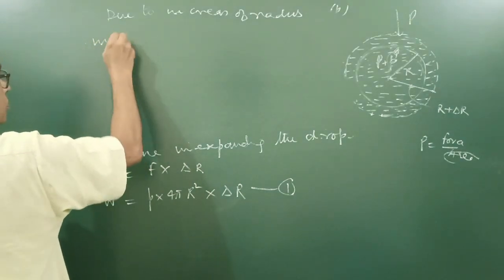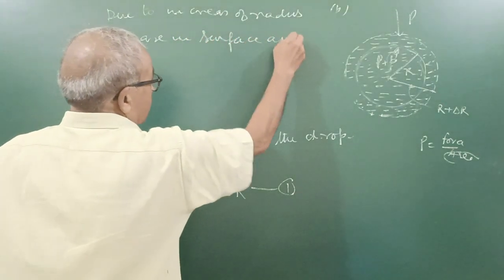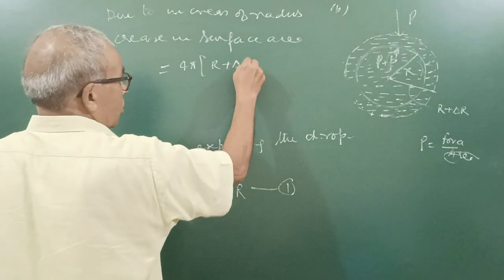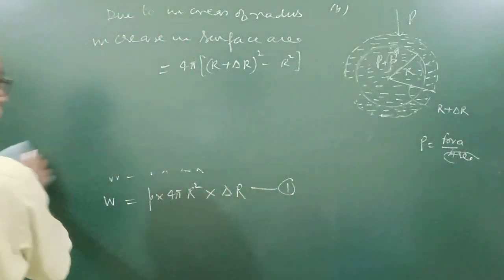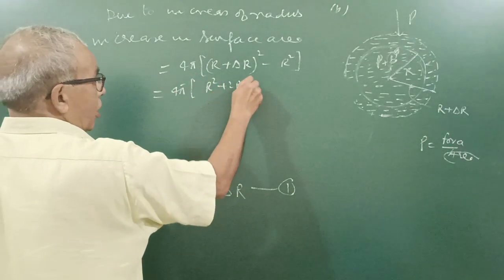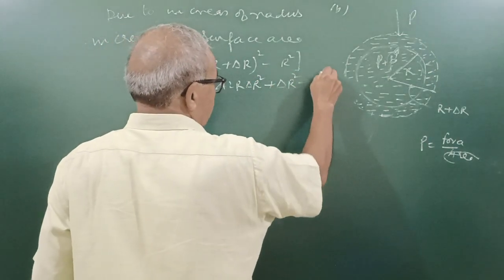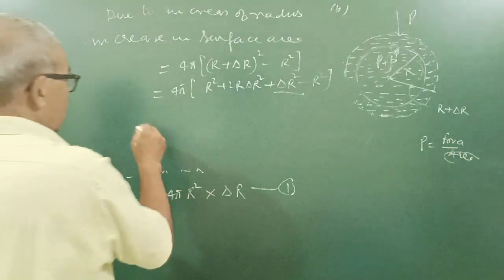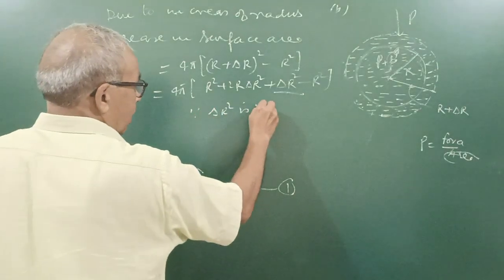That increase will be 4 pi, R plus delta R whole square minus R square, which is equal to 4 pi bracket R square plus 2R delta R plus delta R square minus R square. Delta R square is negligible because delta R is very small.